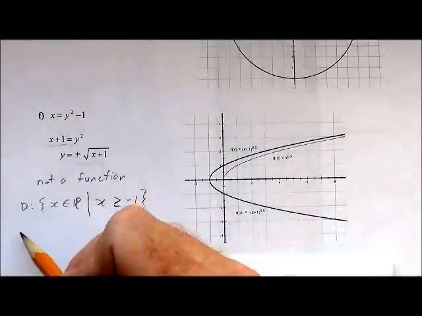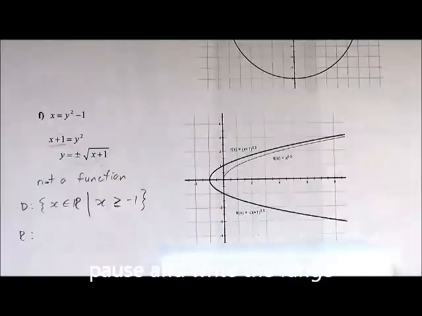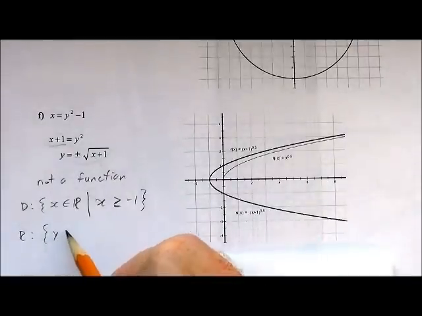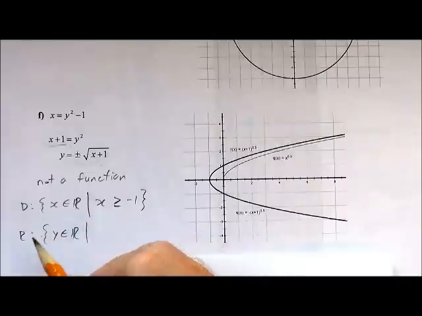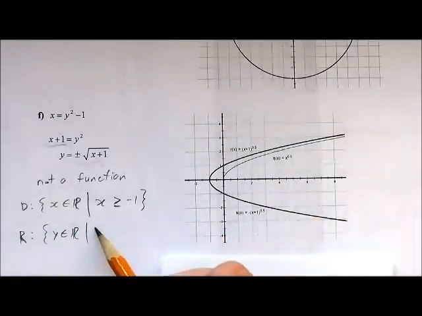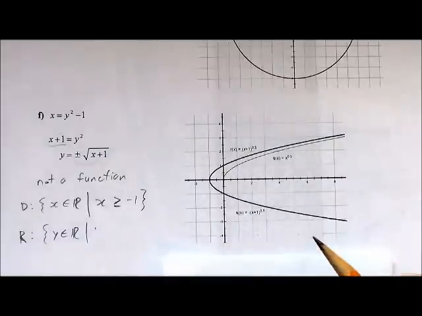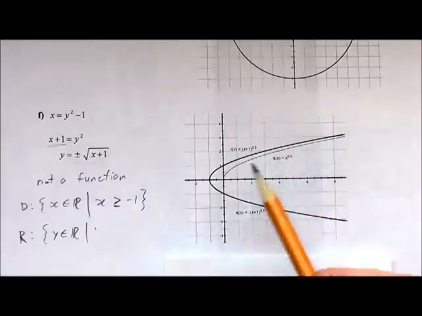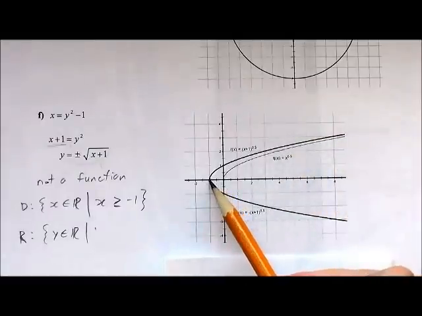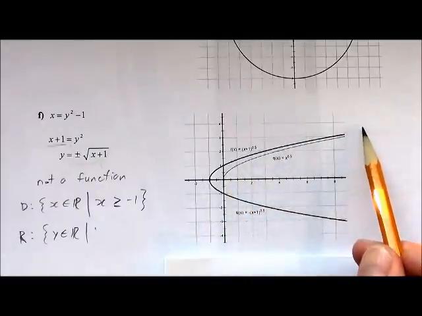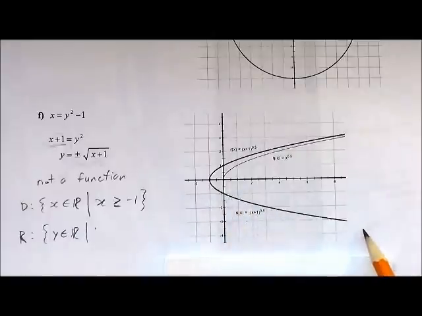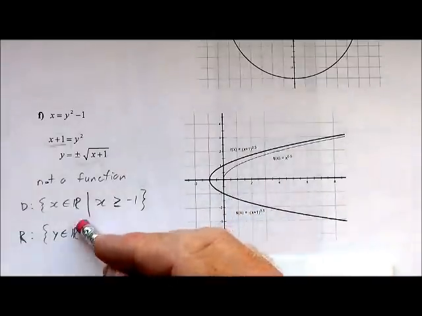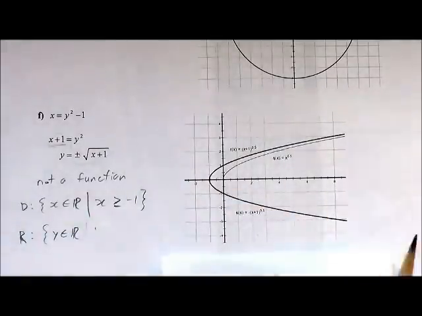And the range, y is an element of all real numbers such that, there is actually no such that, because we see that it goes on forever from the origin, it goes on forever in the positive direction, and it also goes on forever in the negative direction. So there is actually no such that in this case. It's just y is an element of all real numbers.